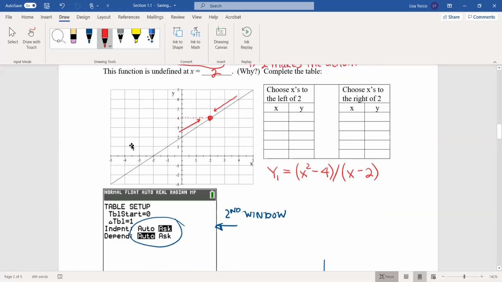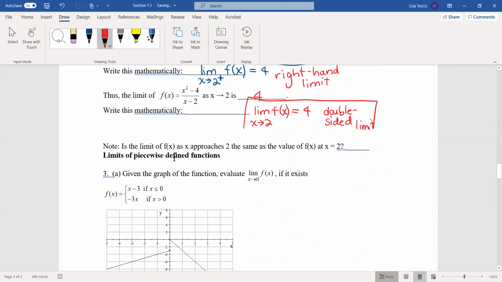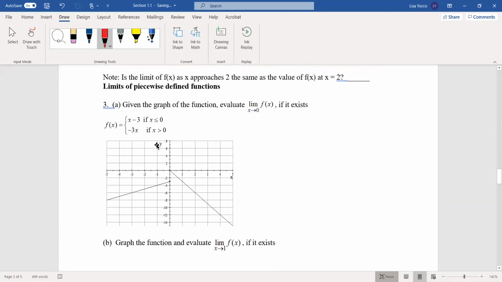All right, so stop me if you have a question on that, and we'll go to piecewise functions. So we're looking just at the different kinds of functions. Piecewise is another type of function that we look at.